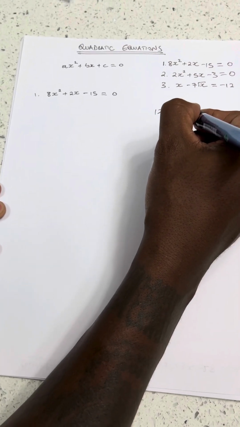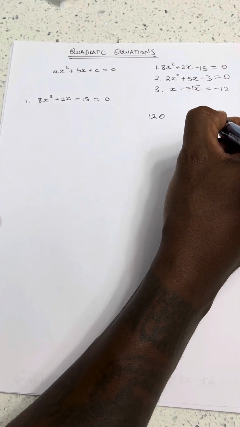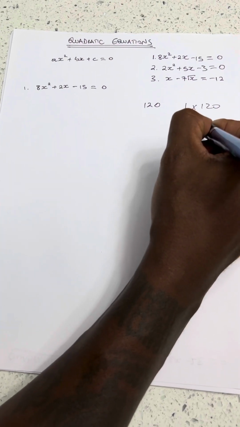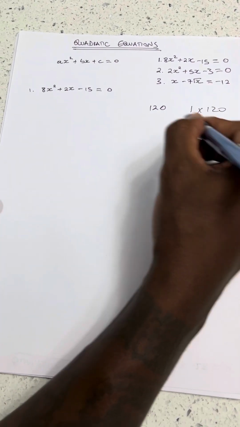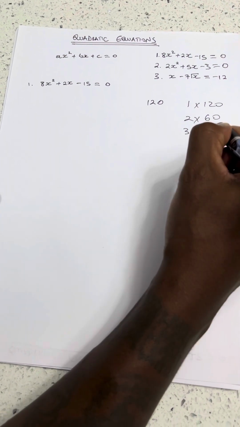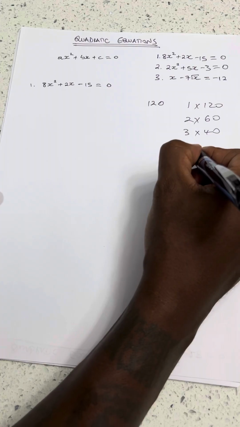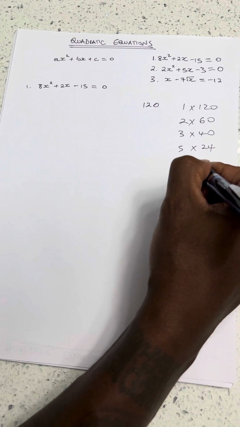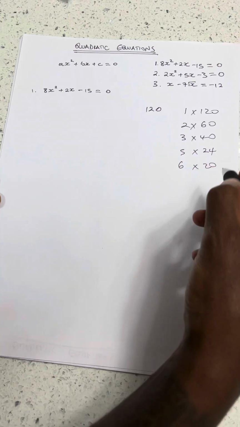Factors of 120 are 1 and 120, because it's 1 times 120. We have 2 and 60. 2 times 60 is 120. We have 3 and 40. We have 5 and 24. We have 6 and 20.